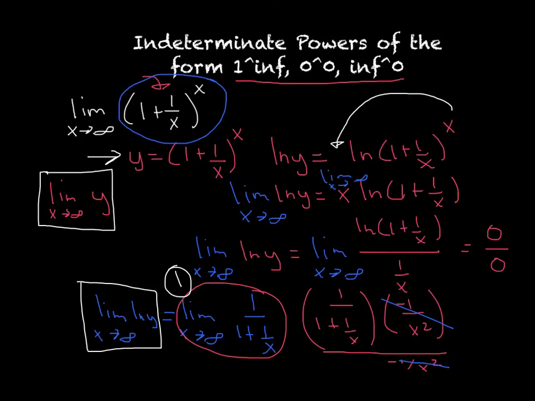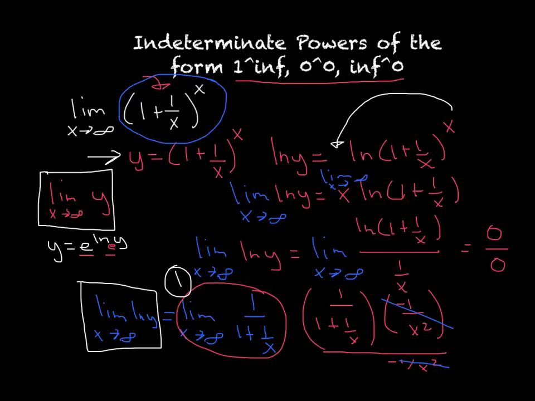I'm running out of space here, but we can rewrite y as e to the natural log of y. You're saying, well, how would you know that you need to do that? Well, just experience. All right. So natural log of y has a base of e, and there's a property with logs that when this and this are the same, you simply get y. So we rewrote y as e to the natural log of y.